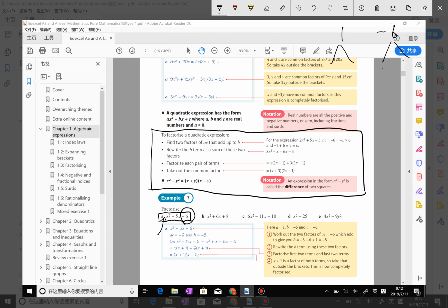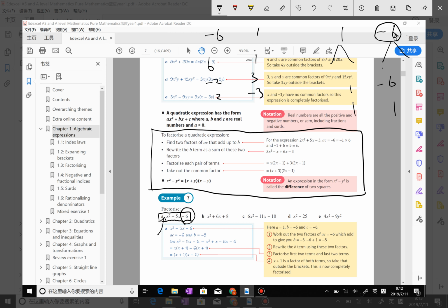Negative 6 we can take into negative 6 and 1, or 6 and negative 1, or you could have negative 2 and 3, or 2 and negative 3.